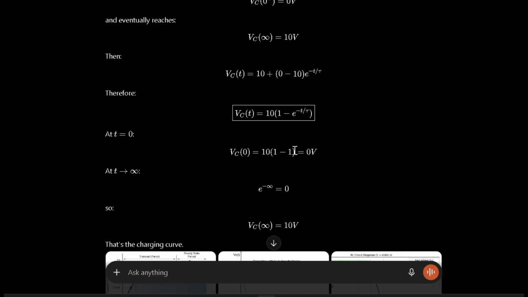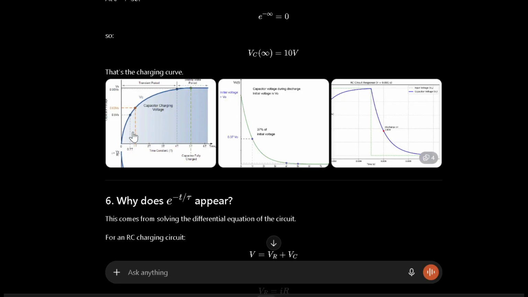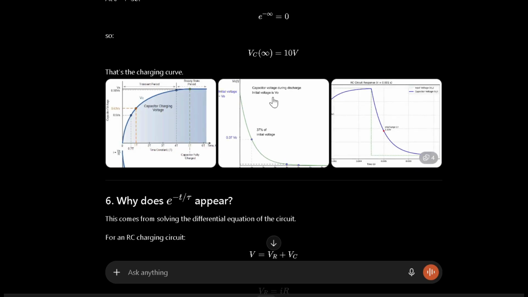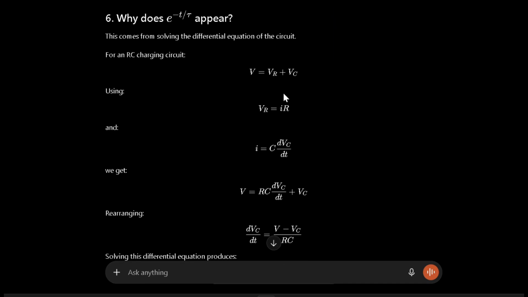At t equals 0 we get 0, and as t tends to infinity we get 10.